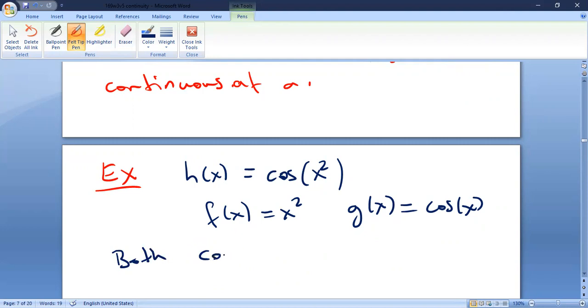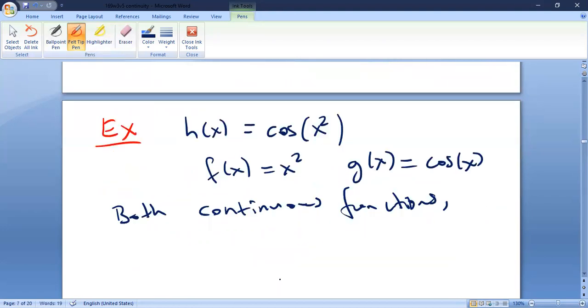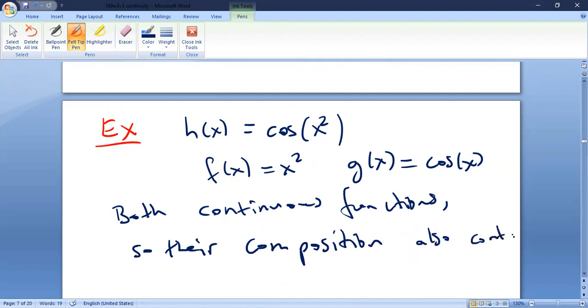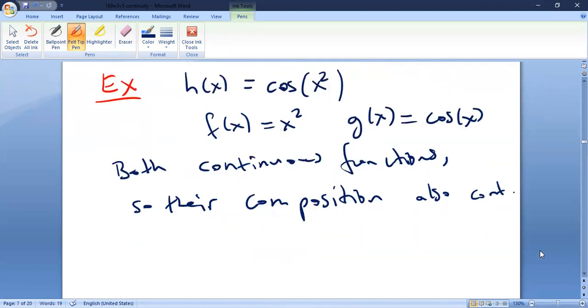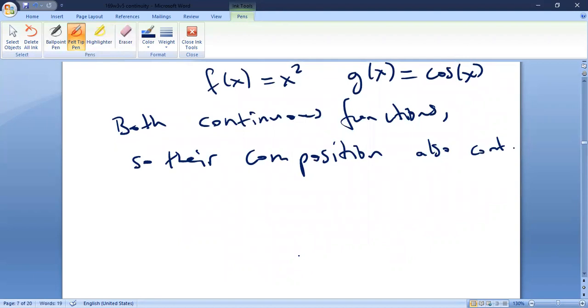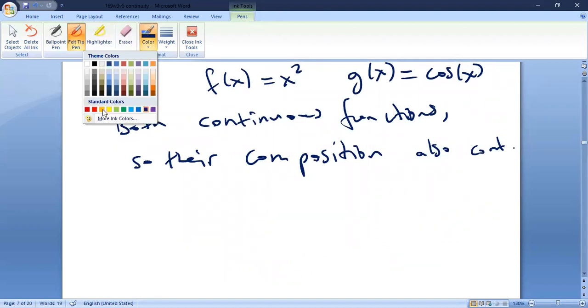Remember the earlier theorem, both continuous functions, so their composition is also continuous.